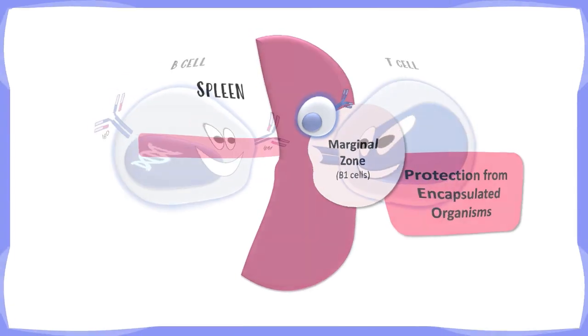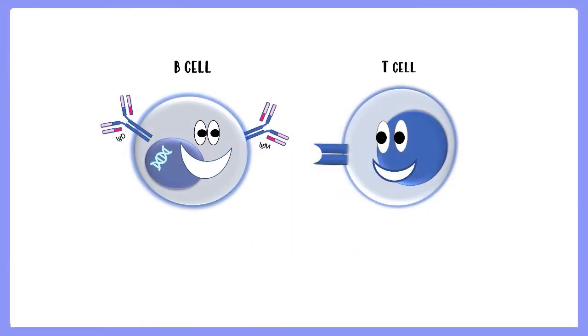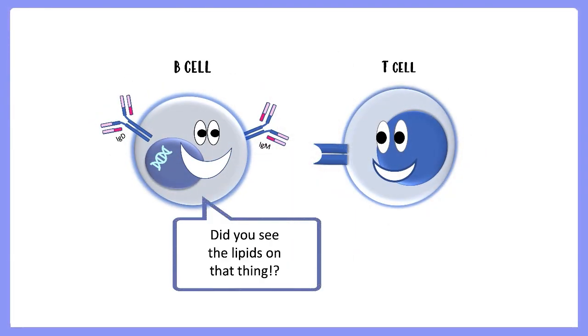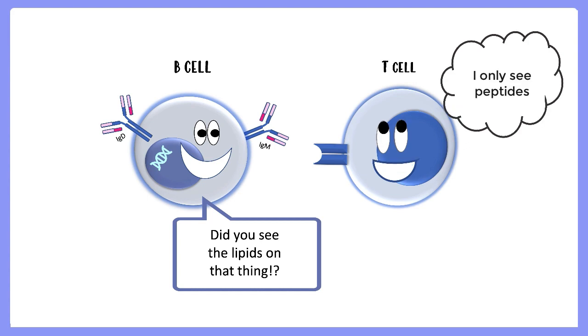And in the interest of highlighting the talents of B cells, it's also worth pointing out this recognition of carbohydrates and lipids on microbial surfaces is a magic trick which is particular to B cells and something that T cells cannot do. In general, for an antigen to be recognised by a T cell receptor, that antigen has to be packaged into a peptide fragment and shown to T cells on MHC molecules.